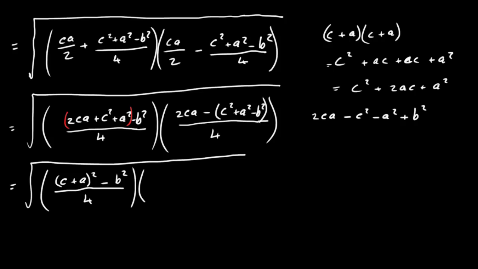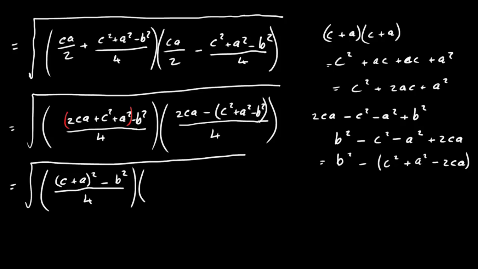Now, if we take this part here, put the B squared first, minus the C squared minus the A squared plus the 2CA, we can rewrite that as B squared minus C squared plus A squared minus 2CA.